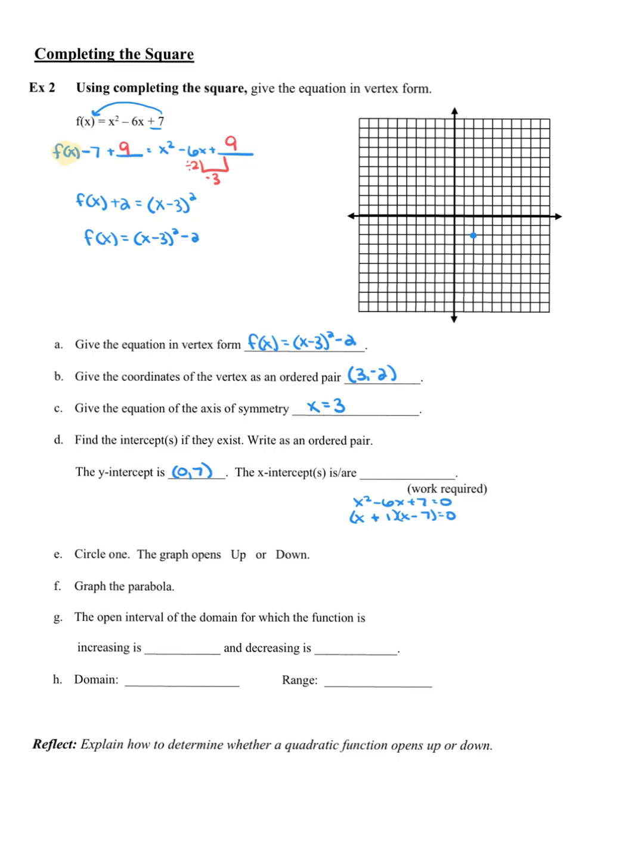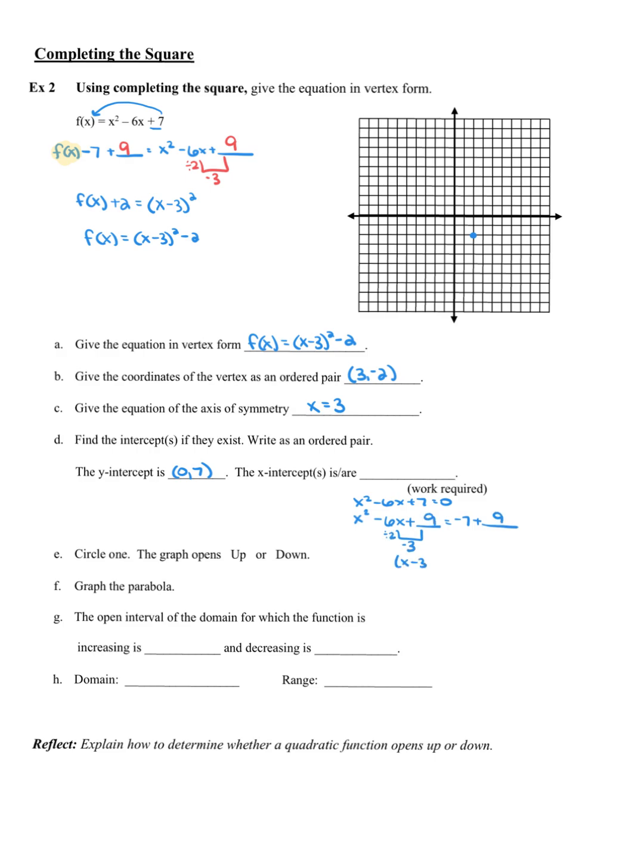So if it doesn't factor, then I can either complete the square or use the quadratic formula. So since a is 1 and b is even, it's pretty easy to complete the square, so I'm going to go ahead and do that. If you prefer quadratic formula, that's fine also. So x squared minus 6x plus blank equals negative 7 plus blank. Divide by 2 is negative 3, squared is 9.